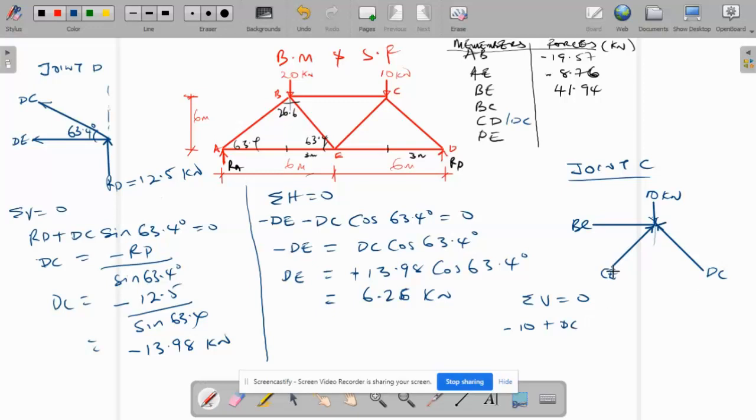DC, we're resolving vertically, it will be DC sine 63.4 degrees. Then this one is also acting upward. We'll resolve it this way.